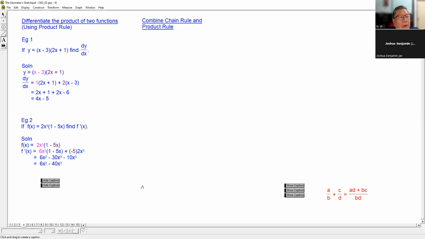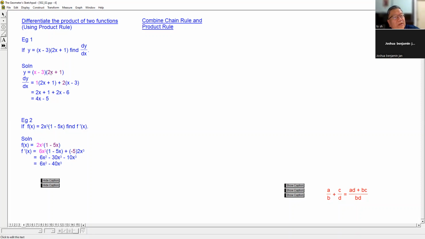Why is the x minus 3 differentiated not becoming 1 and then 1 times x minus 3? No. You differentiate the first one, then keep the second one.